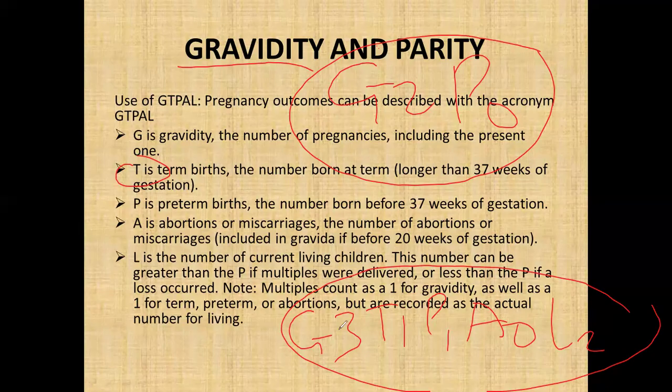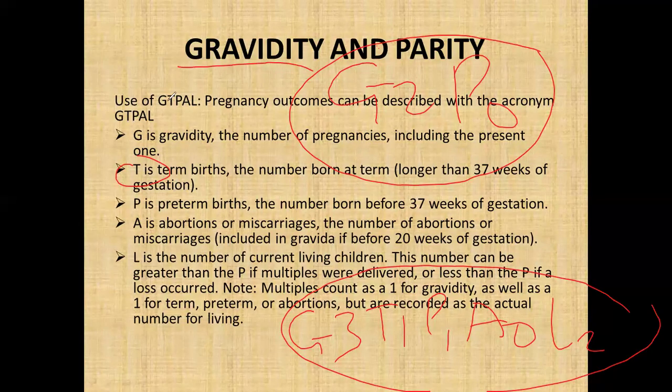So, for instance, I have an example here. When we finish, we try looking at an example. I also have an example in my question. Then we have preterm. So this P in a standard GTPAL, look at how the arrangement has been made. In some of the books, you will see this parity included.